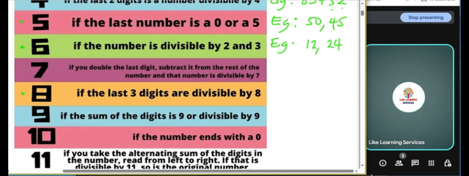If the last 3 digits are divisible by 8. Did you get that? Yeah, last 3 digits are divisible by 8.